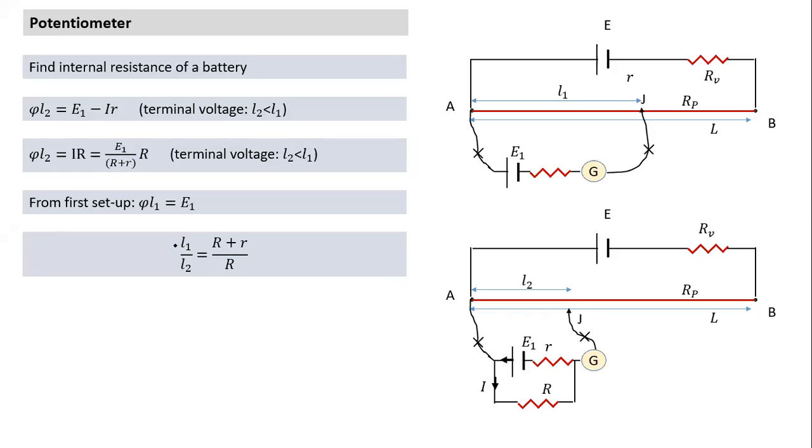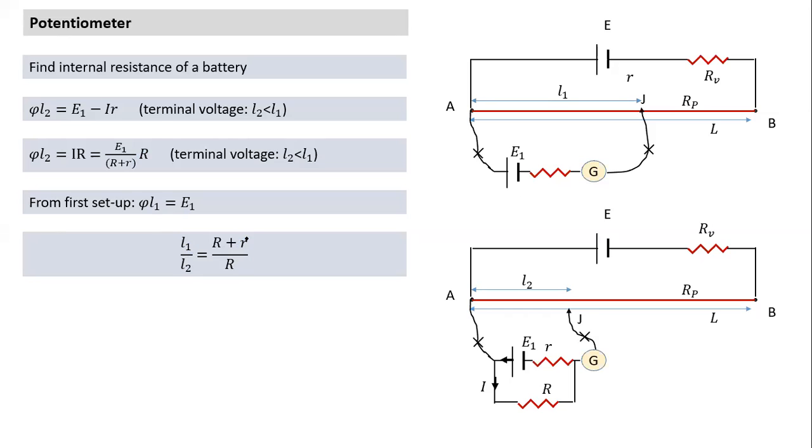These two lengths are obtained from experimental measurement. R is the known resistance, so small r can be found. If you have to memorize the formula, this is the easier form to memorize: L1 divided by L2. L1 is greater and L2 is smaller, so it is capital R divided by small r plus capital R, and it gets inverted so that the numerator is greater than the denominator.